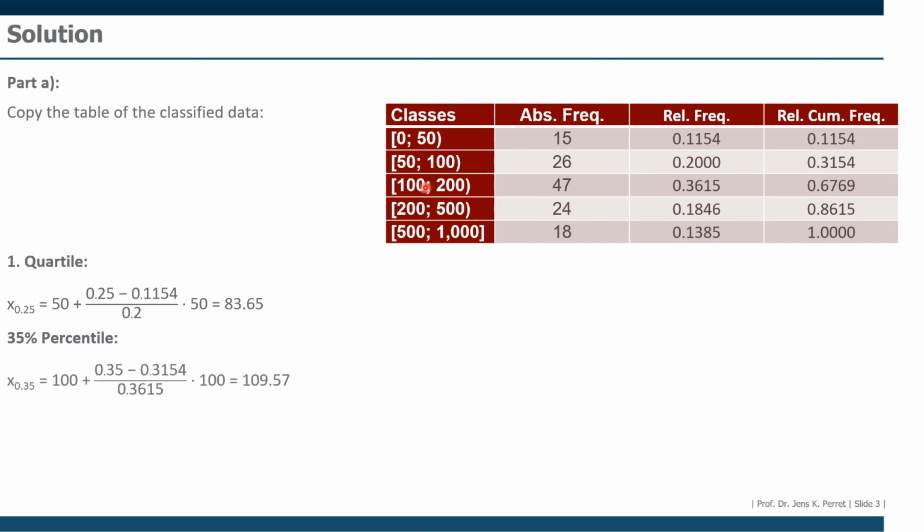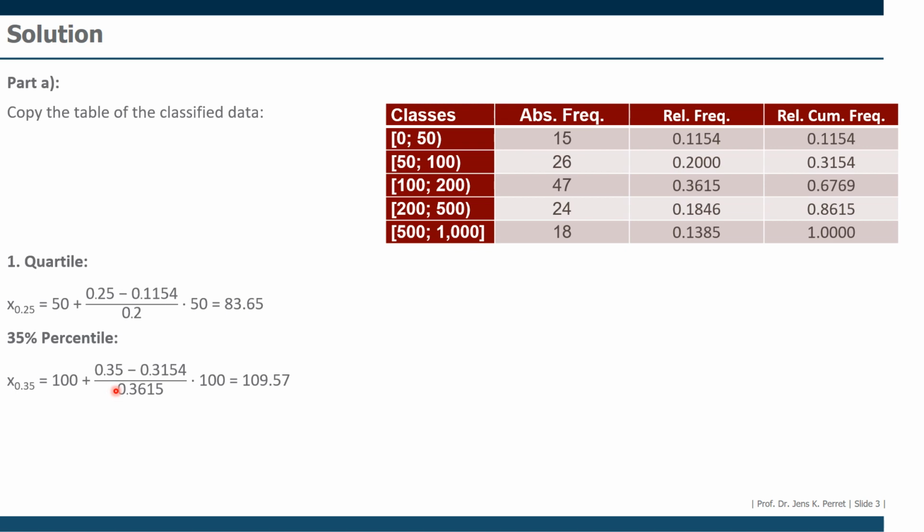So we're going to take the lower bound of the class plus the 0.35 minus the relatively accumulated frequency of the class before. So the relative accumulated frequency from before is the 0.3154. And we're going to divide this by the relative frequency of the class we're going to consider here, which is this one.